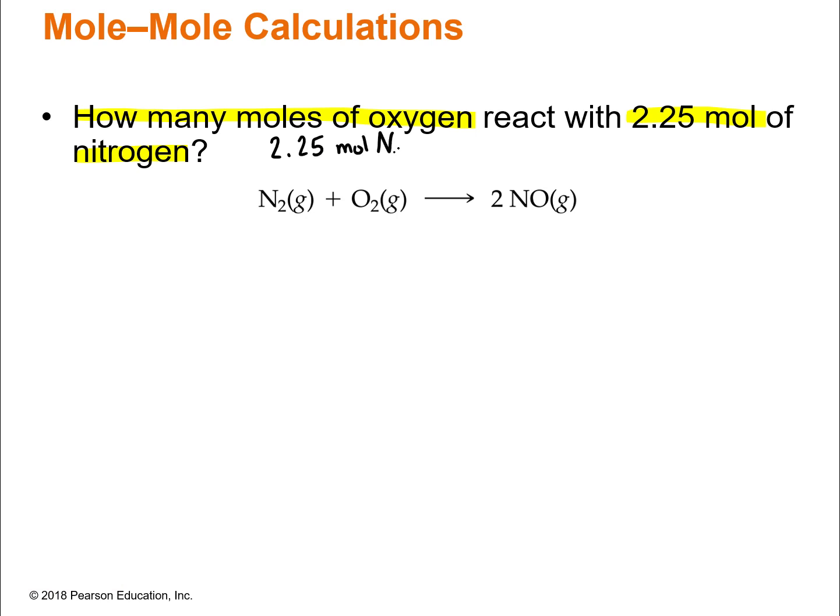I'm starting with 2.25 moles of nitrogen gas. And the question is about how many moles of oxygen gas react with it. So I need the mole ratios between nitrogen gas and oxygen gas.